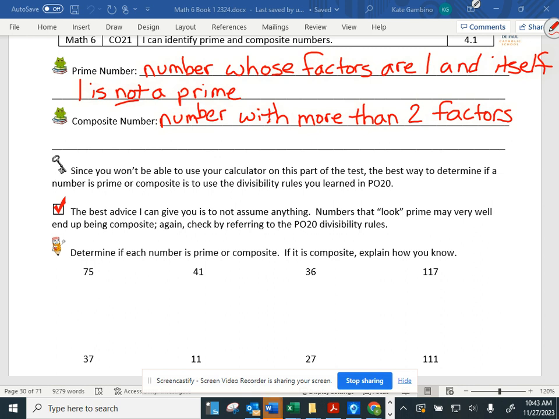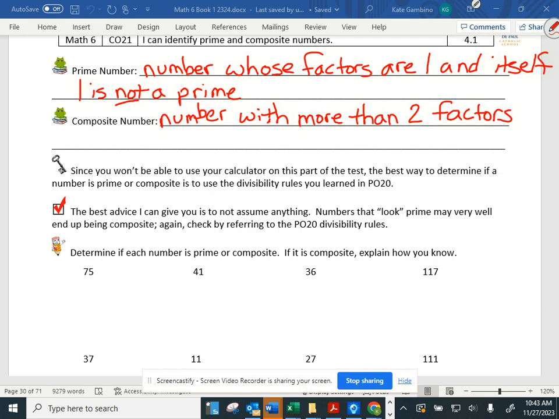So it is a composite number. You need to be able to use those rules of divisibility from PO20 to be able to say, oh, it's divisible by 5. Oh, it's divisible by 3. So I know it's a composite number because it has other factors besides itself and 1. If you can't divide by any of those numbers, then it's going to be a prime number.